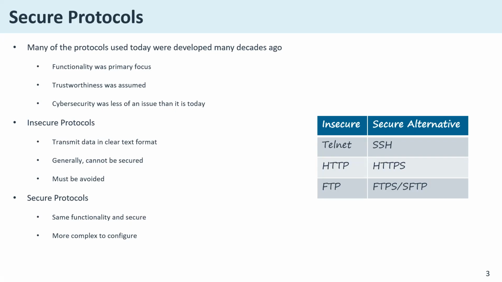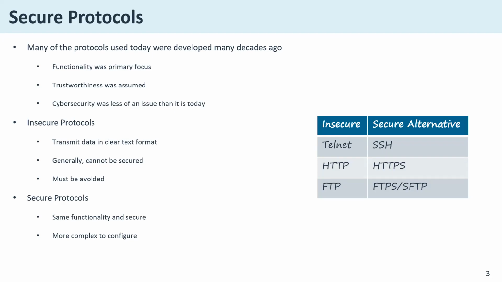Usability was the goal, not necessarily security. But as time went on, we needed to make sure that our conversations are secured. So we now start talking about secure protocols and unsecure protocols.